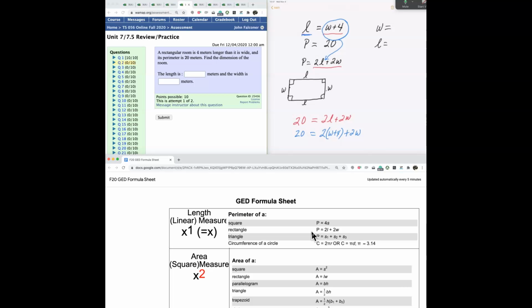What we have to do next is distribute this 2 over the W and the 4, and we'll expand it. So we'll rewrite this as 20 is equal to 2W plus 8, that's 2 times 4, plus 2W. Now this is looking a little bit more manageable, right?